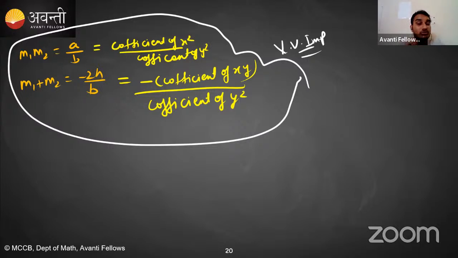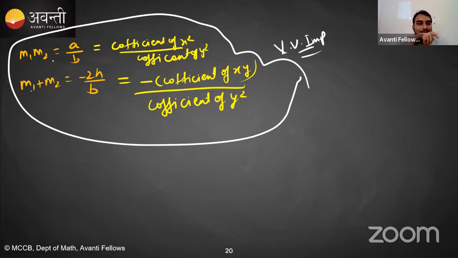So whenever ax square plus 2hxy plus by square is equal to 0 represents a pair of straight lines passing through origin, and those two lines have slopes m1 and m2, we can directly comment on the product of slopes and the sum of slopes. The product of the slopes is directly a by b, and the sum of those slopes will be minus 2h upon b, right?